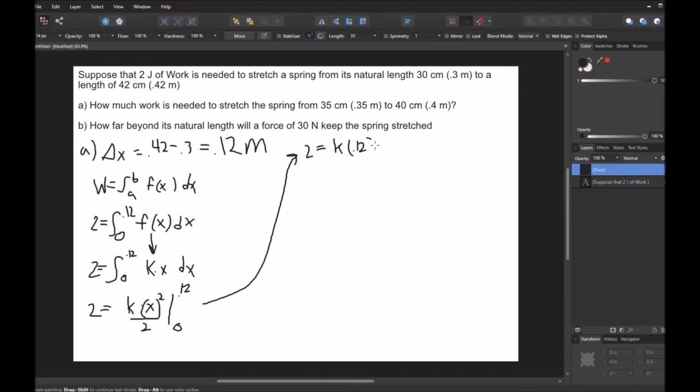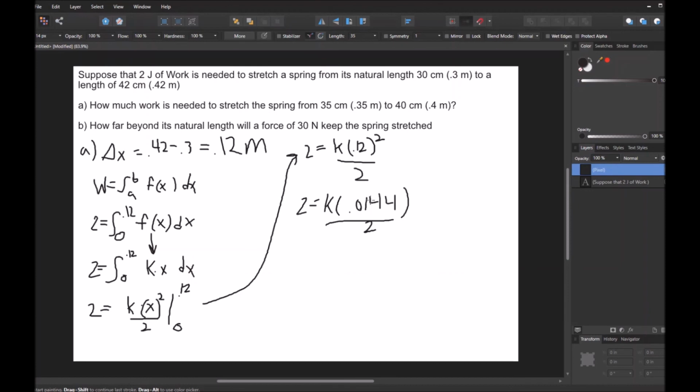K times 0.12 squared over 2. And I'm not going to solve for the 0 because it would just be 0. So then after we do that, we say 2 equals k times 0.12 squared, which is 0.0144, over 2.